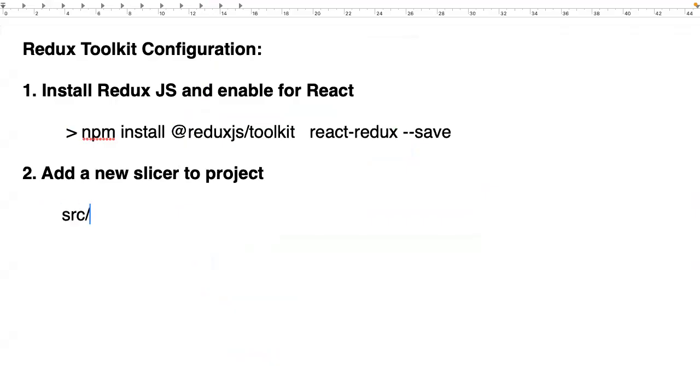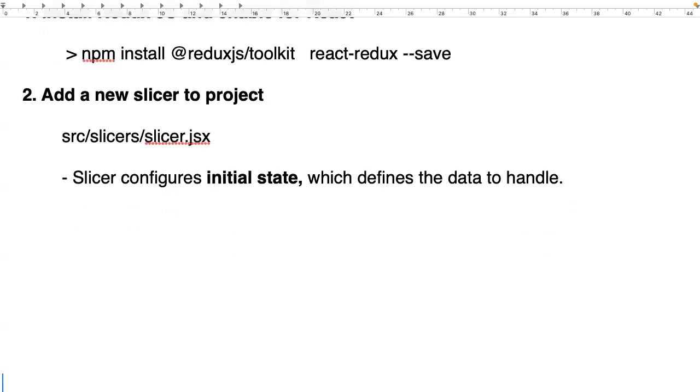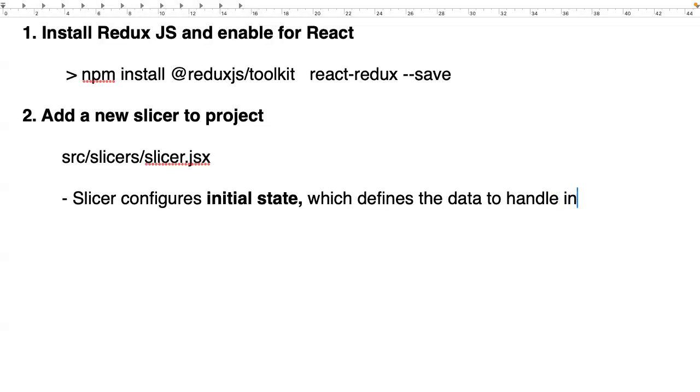Generally in the src folder, a slices folder, with some slice.jsx. The slice configures initial state, which defines the data to handle in application memory.